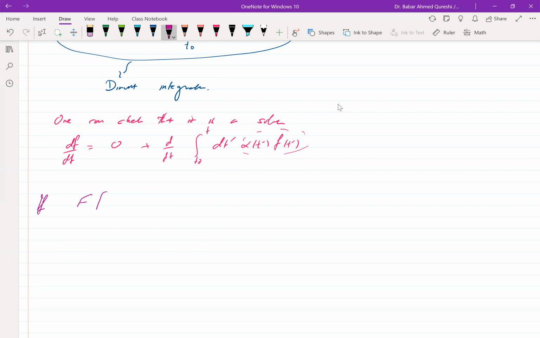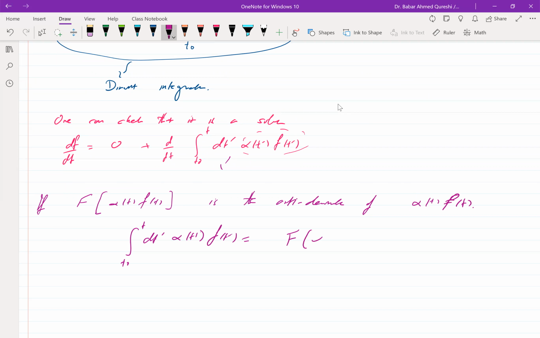If F of t is the antiderivative of alpha t f of t, then this integral, by the fundamental theorem of calculus, is just the antiderivative evaluated at t minus the antiderivative evaluated at the lower limit.